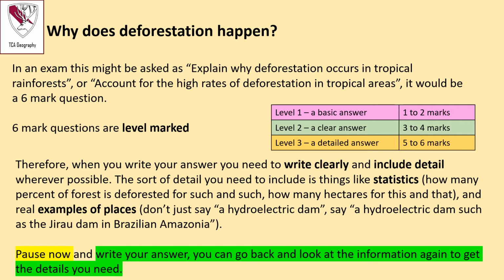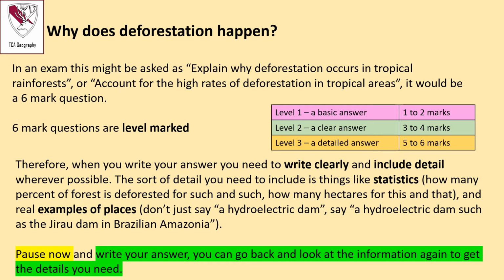Therefore, when you write your answer, you need to be aiming for a level 3, which means that you need to write clearly and include detail wherever possible. The sort of detail that we're looking for, things like statistics. For instance, what percentage of forest is deforested for such and such, whatever it may be? How many hectares is destroyed for whatever it is?